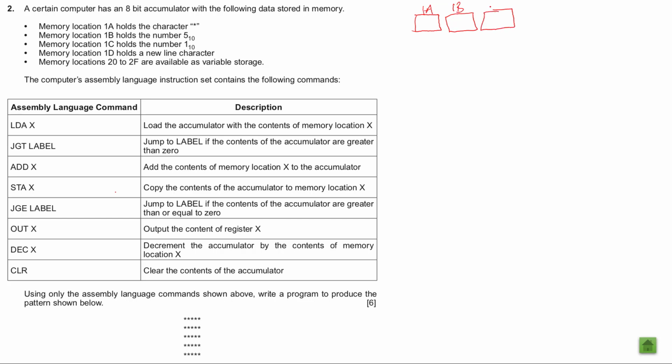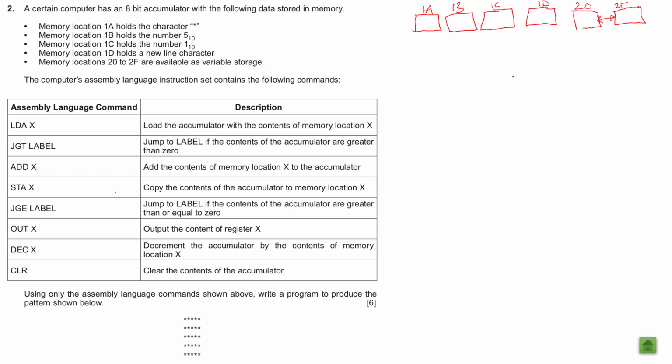So 1B, 1C, 1D, they don't have to be pretty, and then we've got 20 to 2F, because they look like base 16 numbers to me, and they are all variable storage. So we've got boxes in between them. If you think about it, 20, 21, 22, all that, and that is for variable storage. So store whatever you want in there.